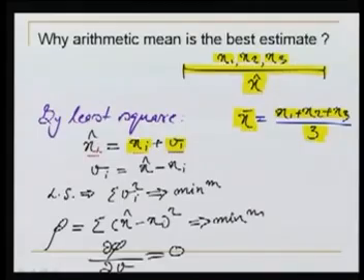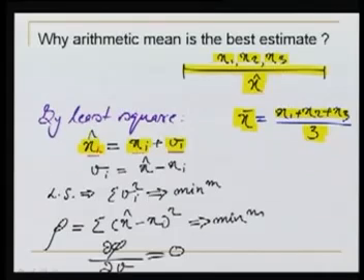If we apply the residual on the observation, we get the corresponding estimate. This can be written for all the observations, x1, x2 and x3.